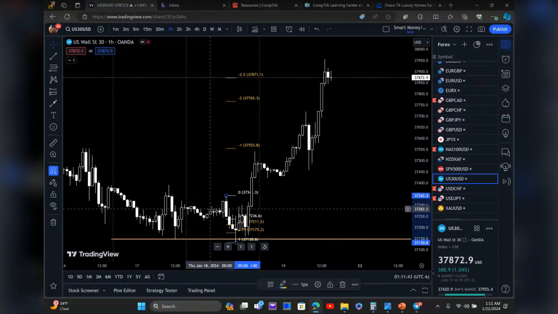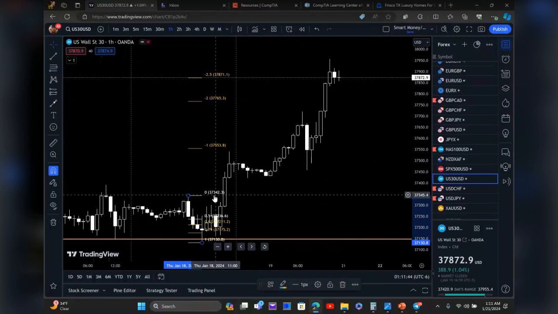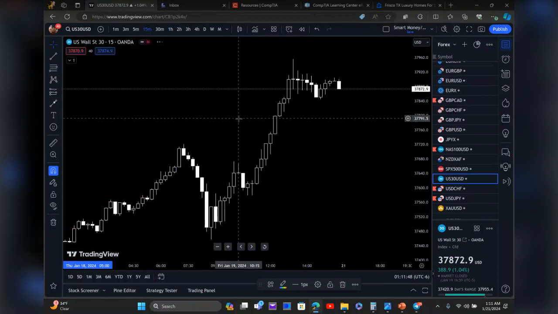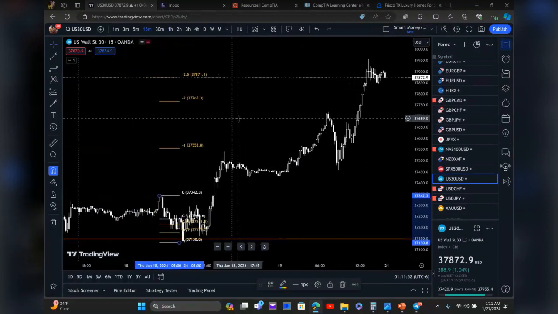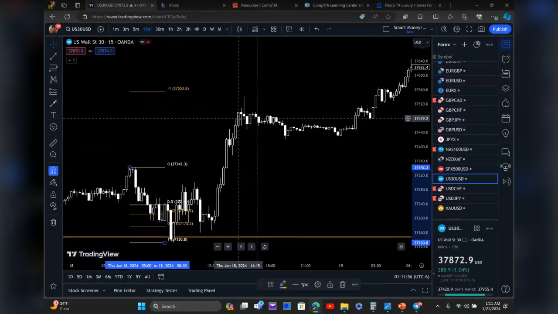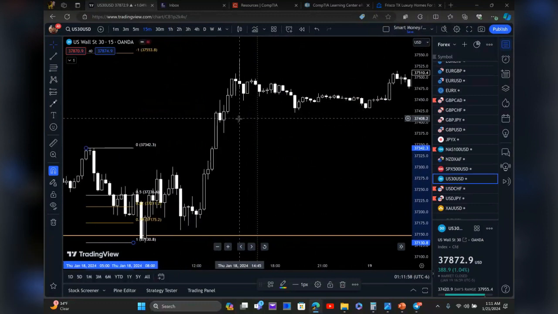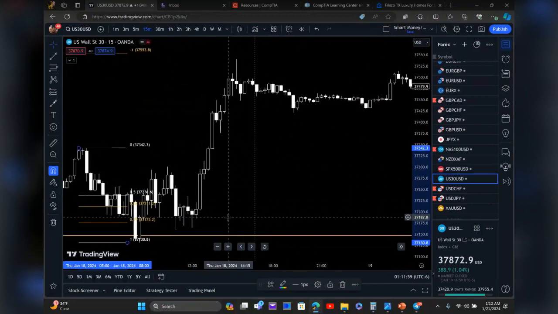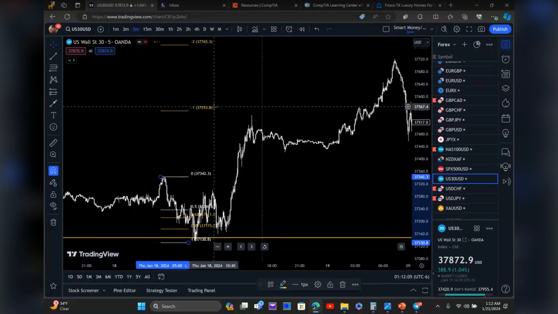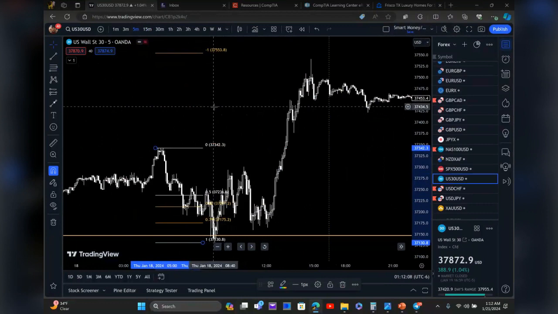Well, you might have it on the 15-minute. But no, because this is our structure break. Well, let's look at 15-minute first. Yeah, we would have got a 15-minute entry down here, and probably even lower than 15 minutes. Yep, right here. Y'all see that?